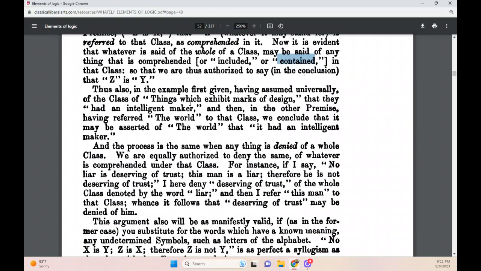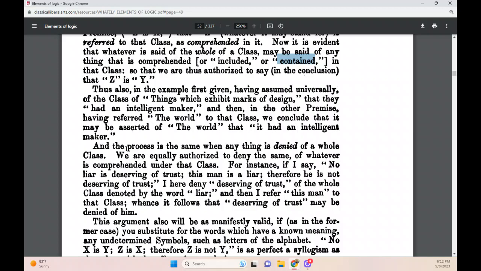Thus also in the example first given, having assumed universally of the class of things which exhibit marks of design that they had an intelligent maker, and then in the other premise he referred the world to that class, we conclude that it may be asserted of the world that it, quote, had an intelligent maker.